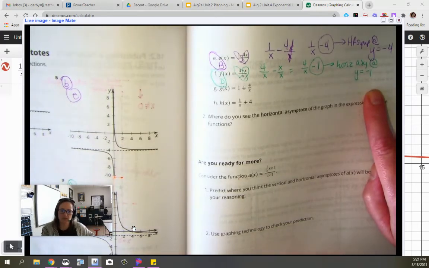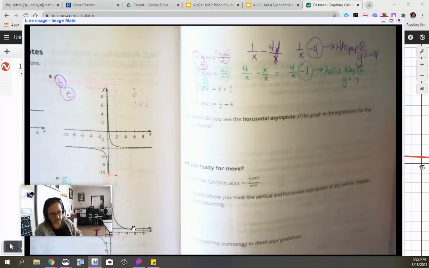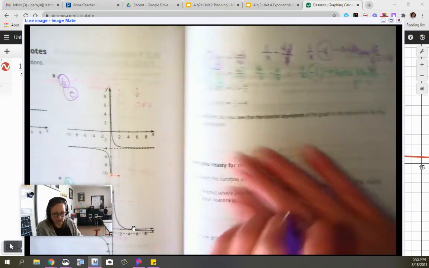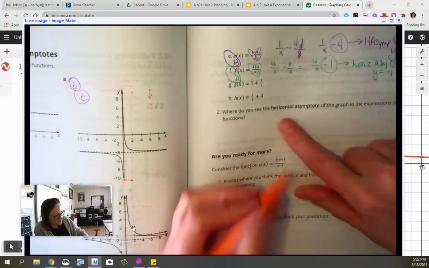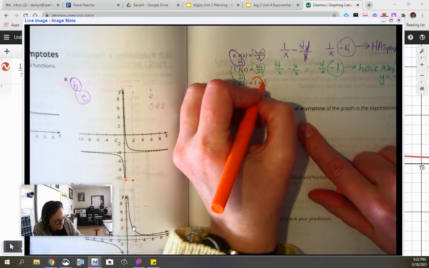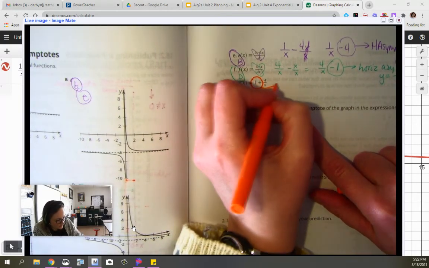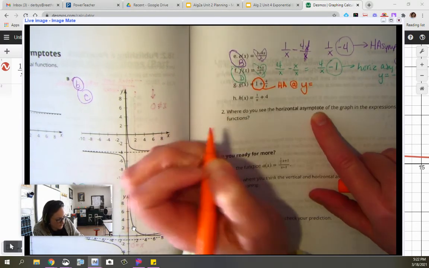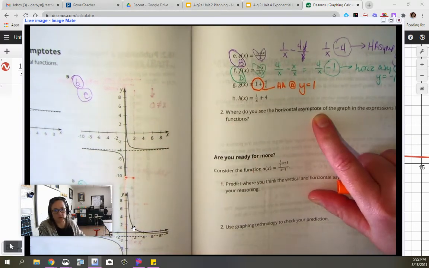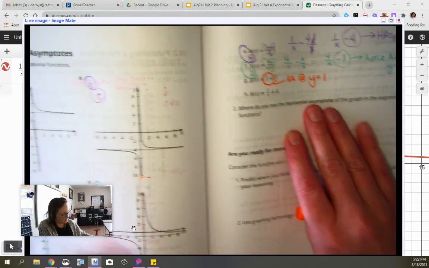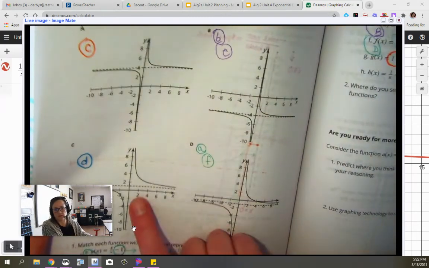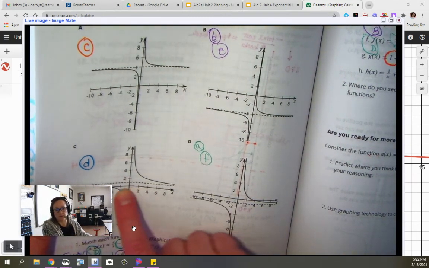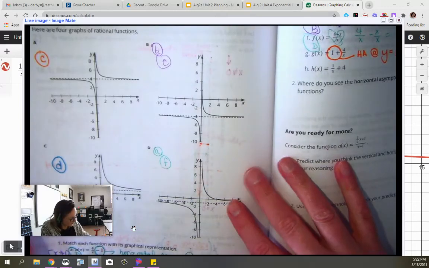So we're just kind of working in silence here, but just getting lots of practice. So we can start looking at these equations and identifying whatever's outside the fraction, horizontal asymptote. It's a y equals because it crosses the y-axis. This one's a positive 1, so I'm looking at this where the y value is at positive 1.